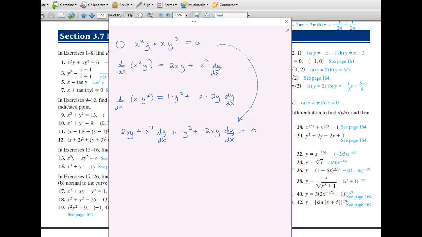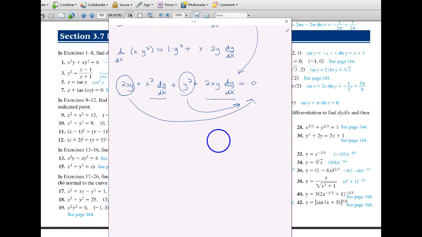Now we've done the calculus. Now we have to do just the algebra to isolate the dy dx. I would keep this term and this term, and I would move these 2 to the other side. So I'm going to leave x squared dy dx plus 2xy dy dx equals negative y squared minus 2xy.